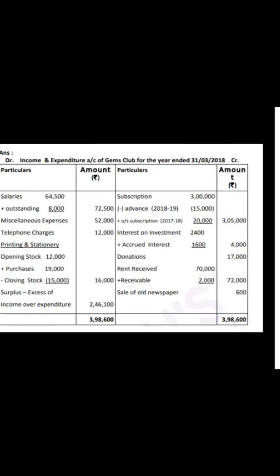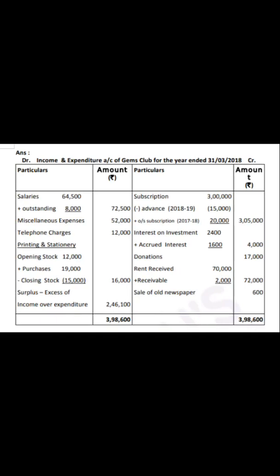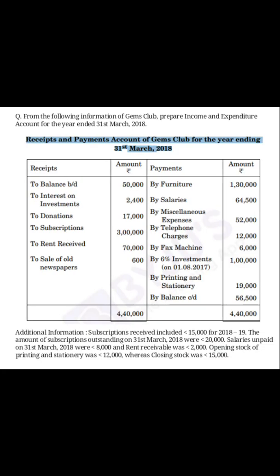As we know the format, on the debit hand side we have to write all the expenditures and on the credit side we have to write the income. So starting from the debit side, first we will write the salary. In the question we can see that salary of 64,500 is given on the payment side of receipt and payment account, and in additional information 8,000 rupees is still unpaid as salary.